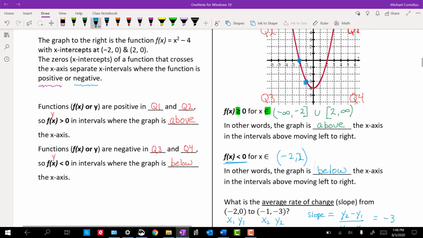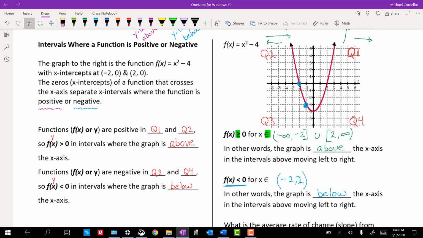Let's go back and look at our picture. Here's my left-hand point right here. And as I move to the right, I'm dropping down to the second point right here. And by the way, I could have counted that: over 1, down 3. So this slope is over 1 and down 3.